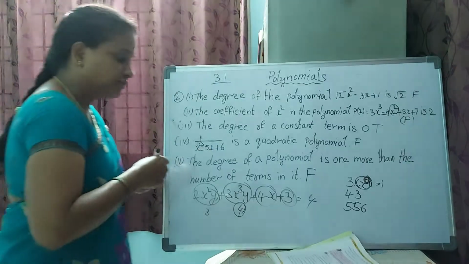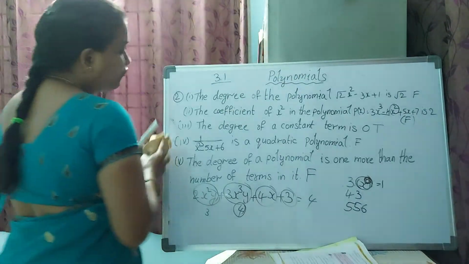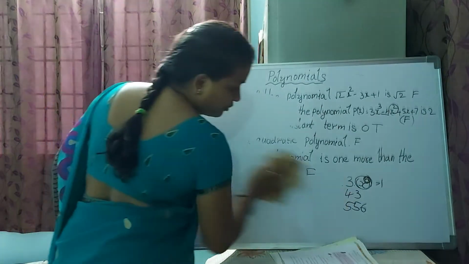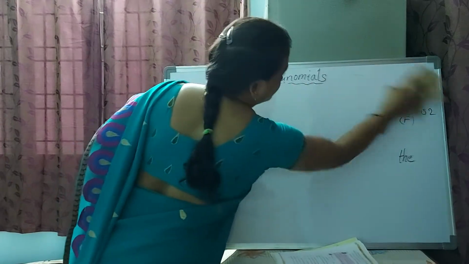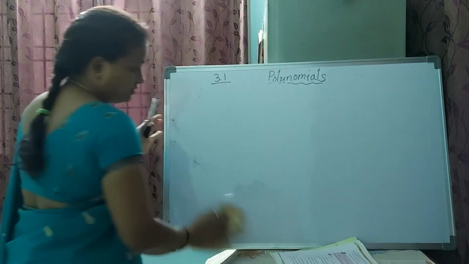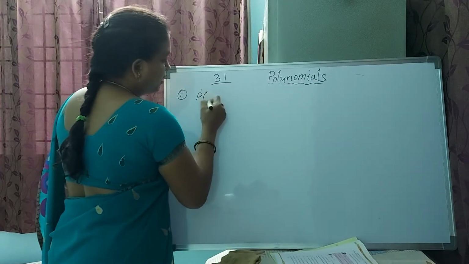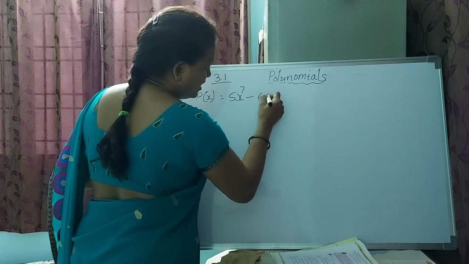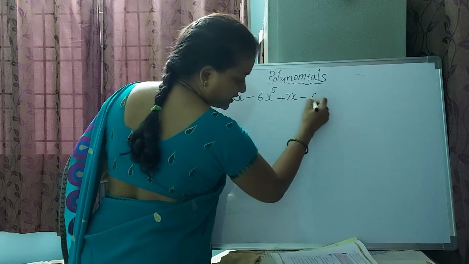Okay. Next we will see the first Roman. What is the first Roman? If P of x is equal to 5x to the power of 7 minus 6x to the power of 5 plus 7x minus 6.